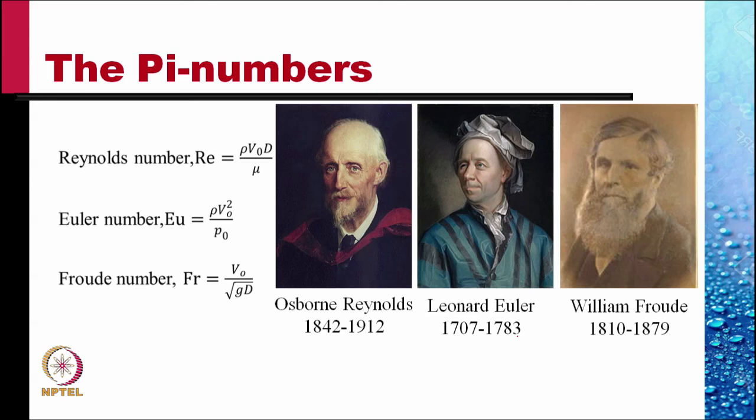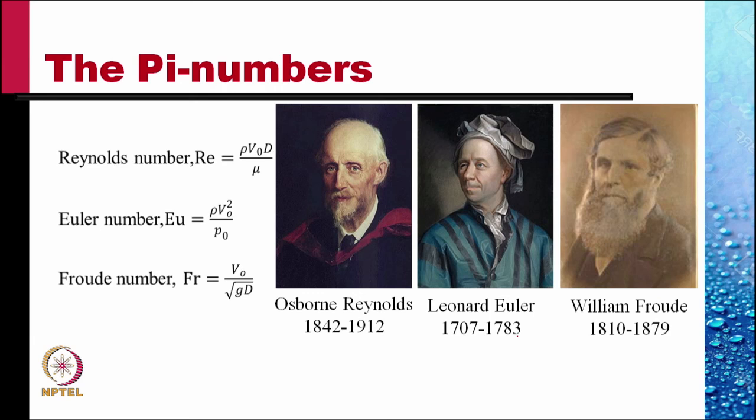The first number, rho V naught d by mu, is named as Reynolds number after Osborne Reynolds, a British physicist who did this experiment showing that the fluid flowing through a tube remains laminar for values of this parameter below a certain threshold and then becomes turbulent. We had discussed this experiment in an earlier lecture.